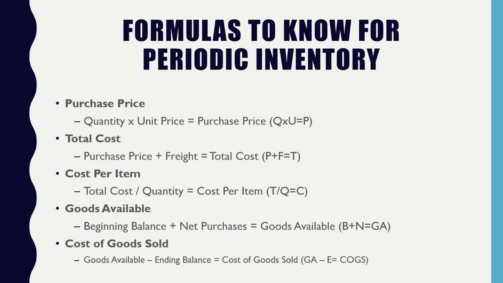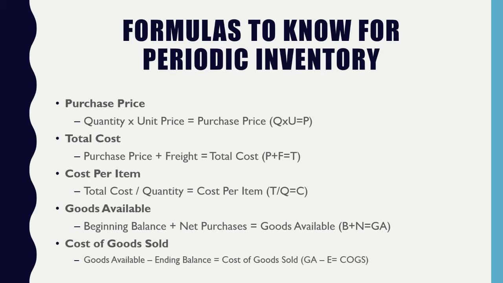And then the next 2 equations only apply for the very bottom portion. When we go over the example, you'll understand what I mean. The bottom portion is going to ask you, how do you know how many goods are available? If you have beginning inventory, or pre-existing inventory, you add that to the new inventory that you just purchased. Then, to understand how much you actually sold, you're usually given an ending balance.